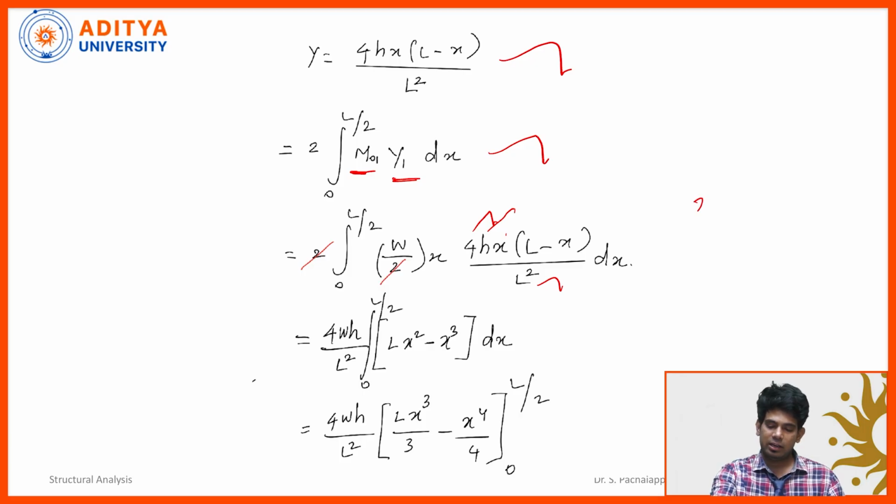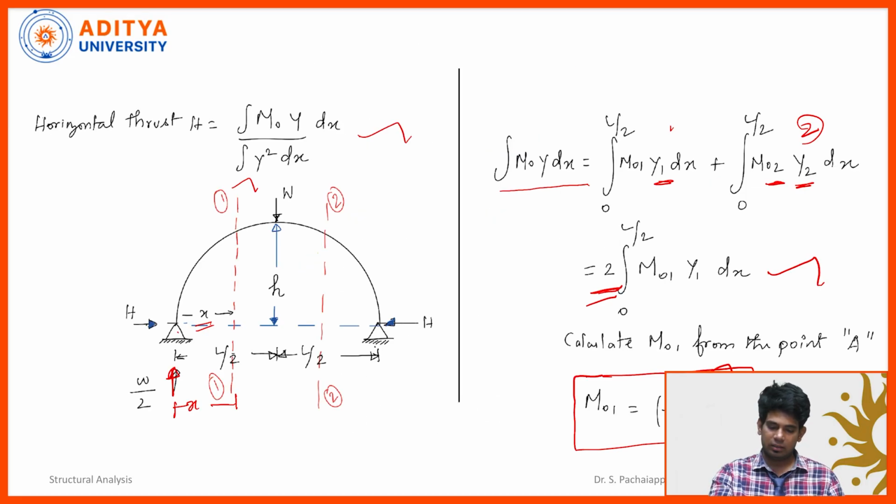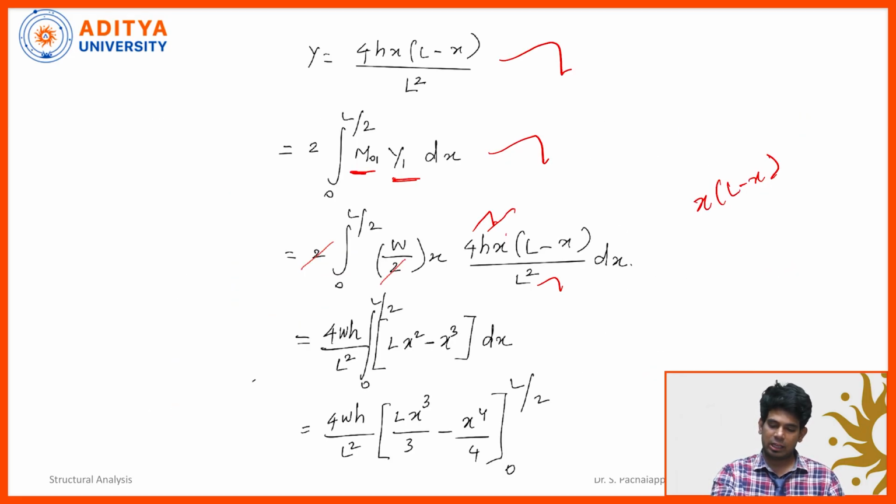If we multiply this inside, we are going to get L into x square minus x cube.